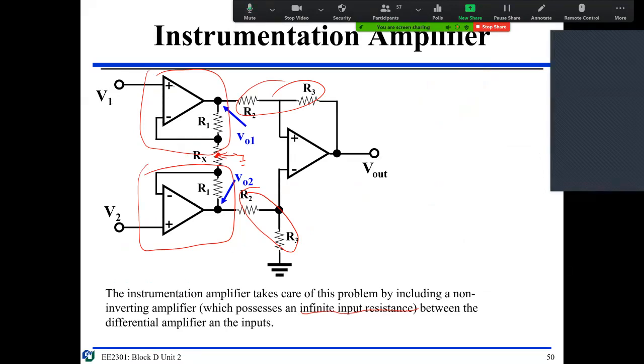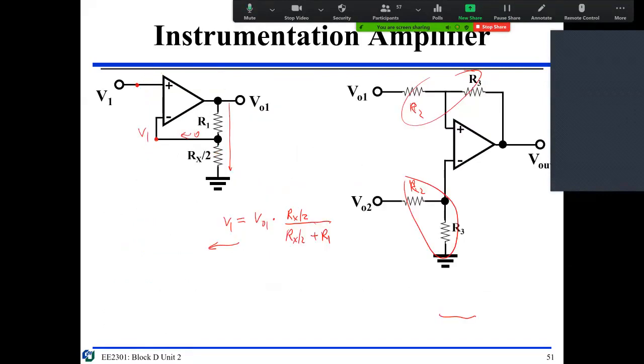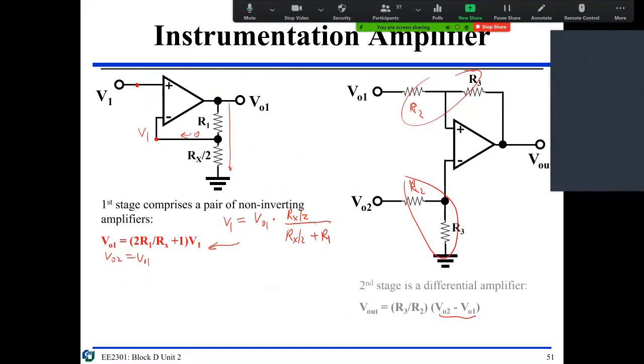So VO2 is the same formula, by the way, because this is exactly the same. So therefore, we are getting something like this. R1 divided by Rx. So this is called instrumentation amplifier, okay.